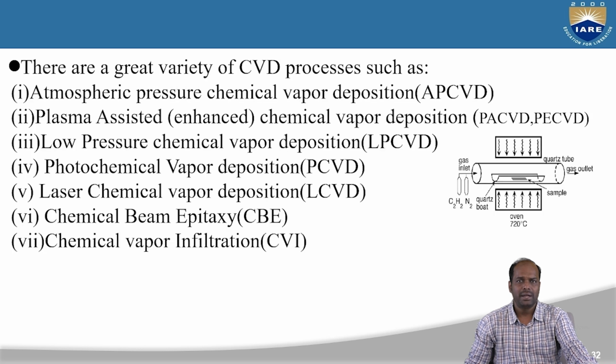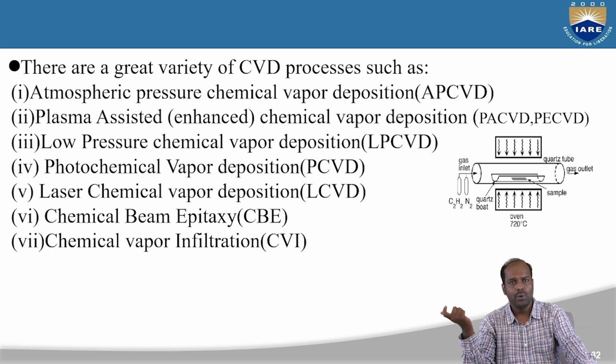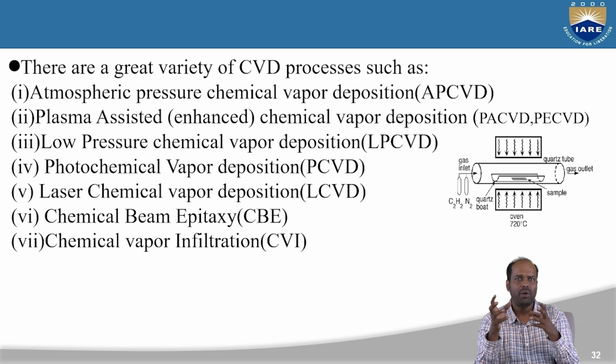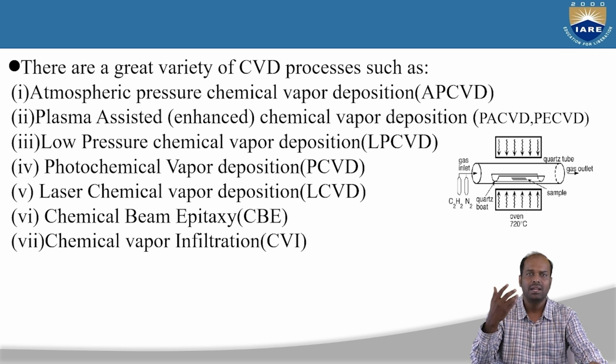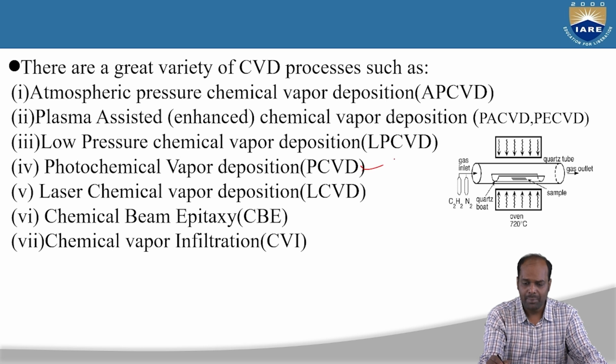metal carbides and metal oxides. There is a great variety of chemical vapor deposition techniques. Atmospheric pressure chemical vapor deposition is available, and we can also create plasma and deposit. Another is low pressure chemical vapor deposition, and another is photochemical vapor deposition.